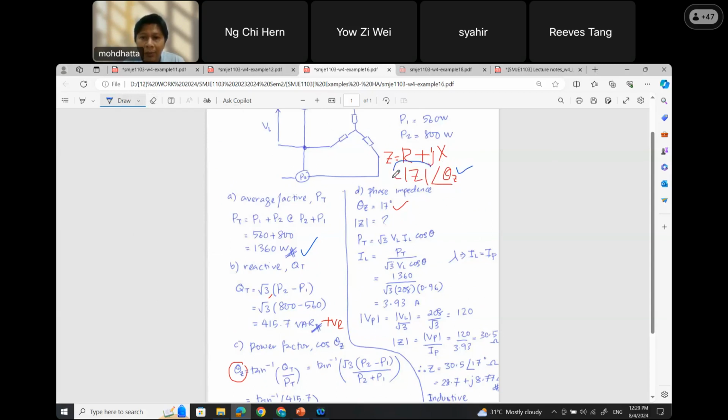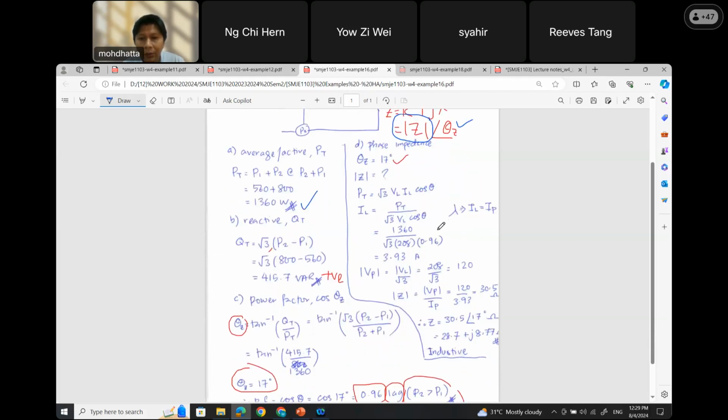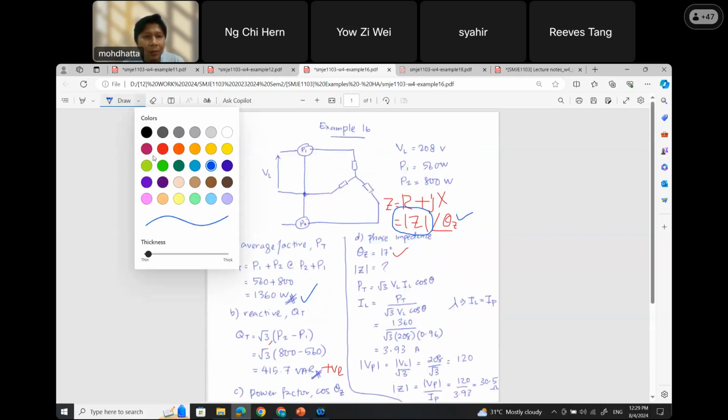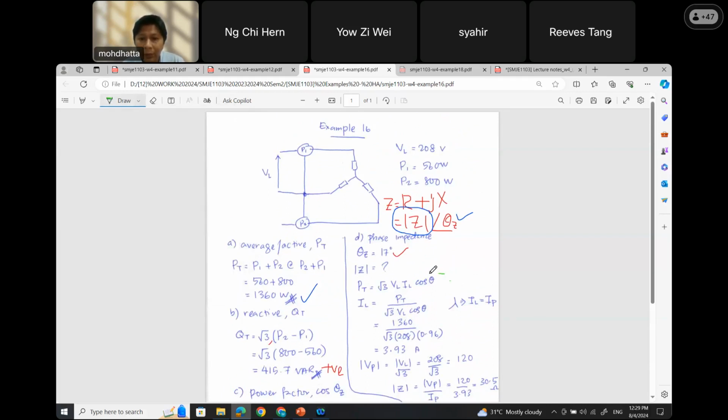Our target is to get this magnitude of Z. If you look at the solution that I have over here, I tried to work out the value of the magnitude of Z. How do I start? I start with this equation.